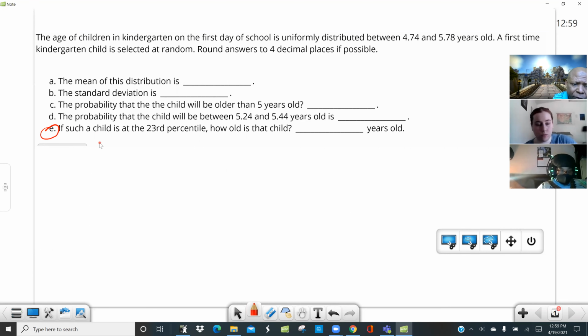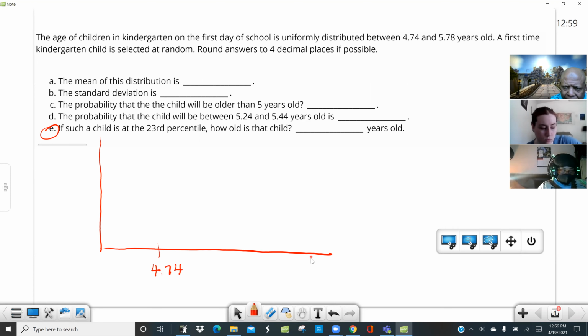Let me draw my picture, which represents the uniform distribution. So to begin with, you want to have your uniform distribution, which begins at 4.74 and ends at 5.78 right here.